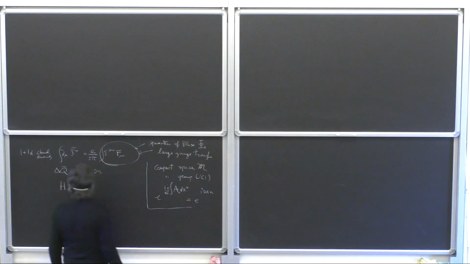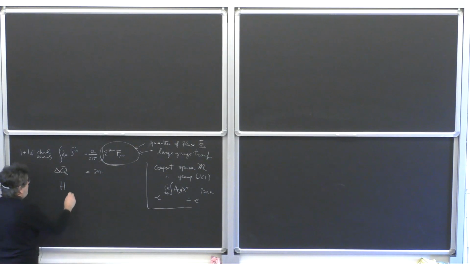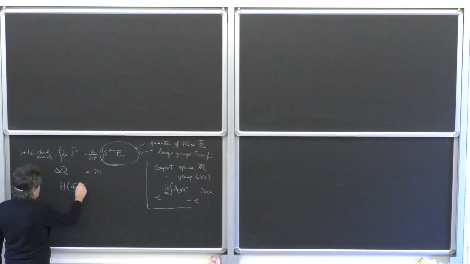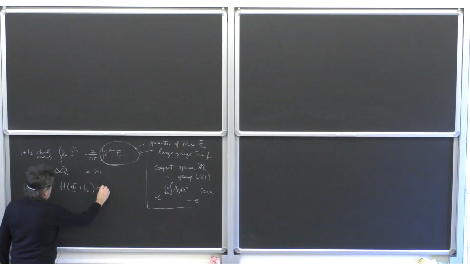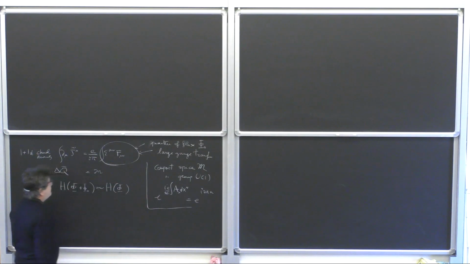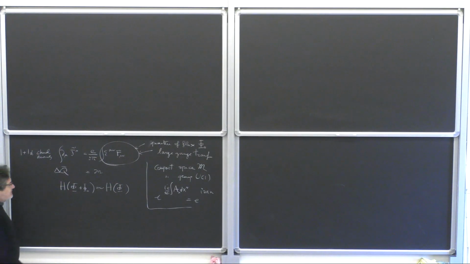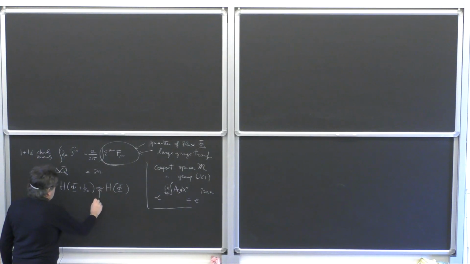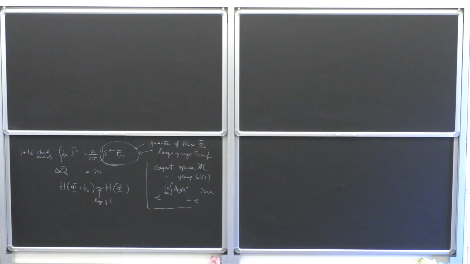Because there is a large gauge transformation, the Hamiltonian returns to itself. So there is a special property about these anomalies that are related to integers.